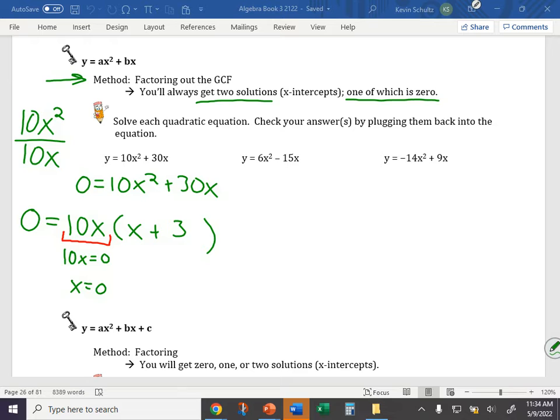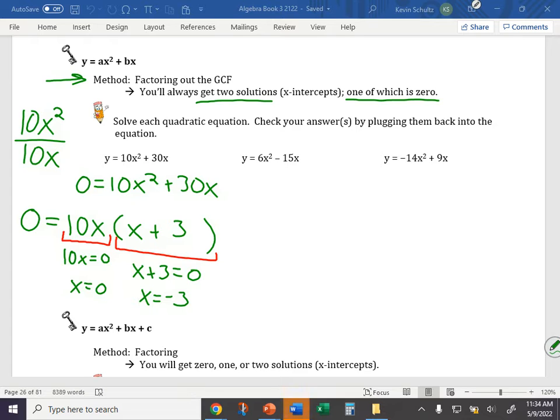Okay? Our second expression, x plus 3, what value for x makes x plus 3 equal to 0? What would we plug in for x so that when we add 3 to that, we get to 0? Okay. Good. Our second answer is -3, our second x-intercept. Because if we plug in -3 into this set of parentheses, it equals 0.